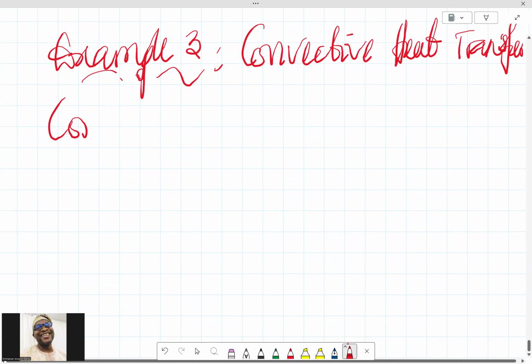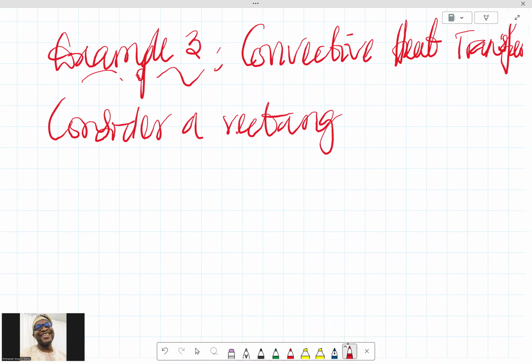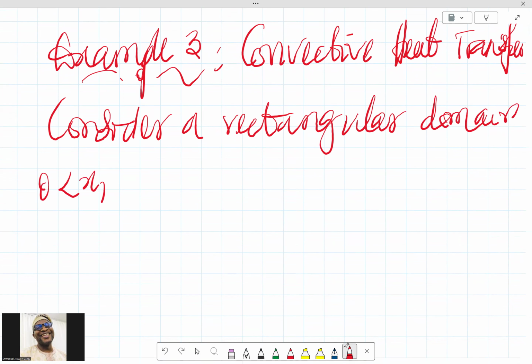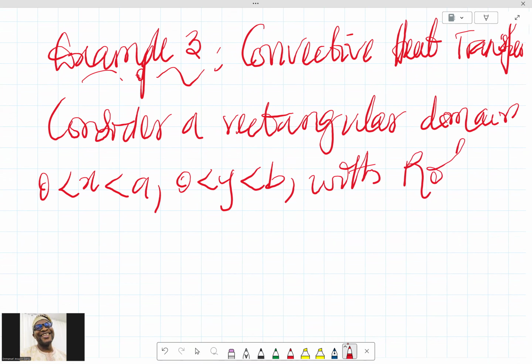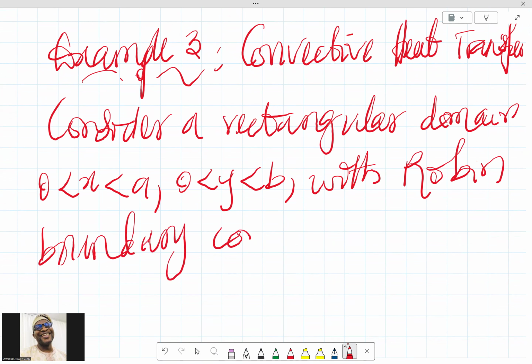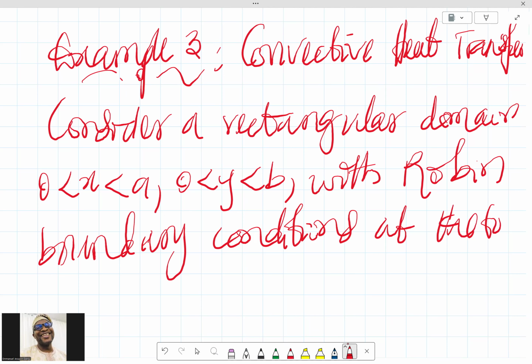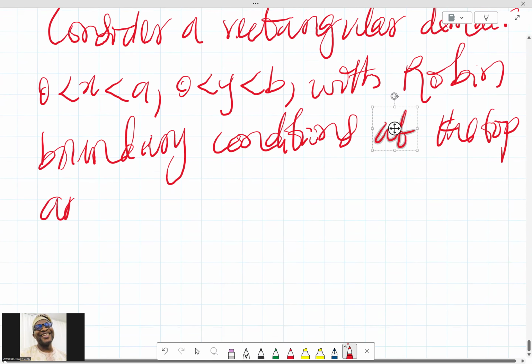Okay, so again, consider the same rectangular domain, 0 less than x less than a, 0 less than y less than b, with Robin boundary conditions at the top and bottom.